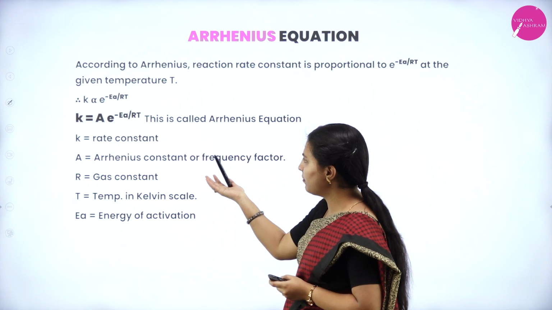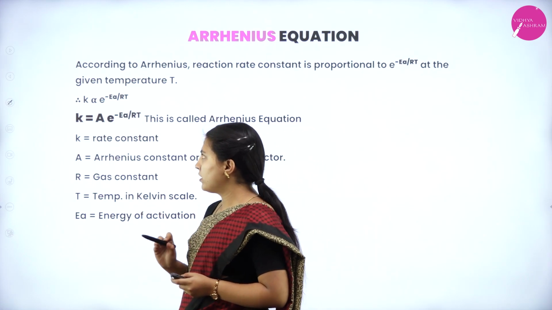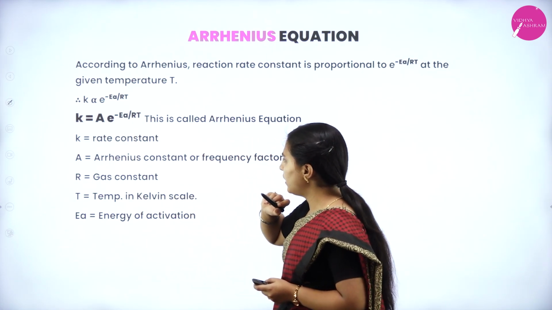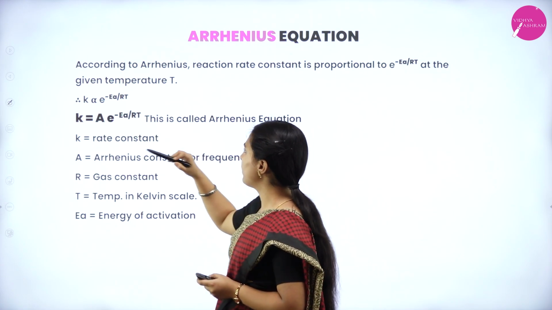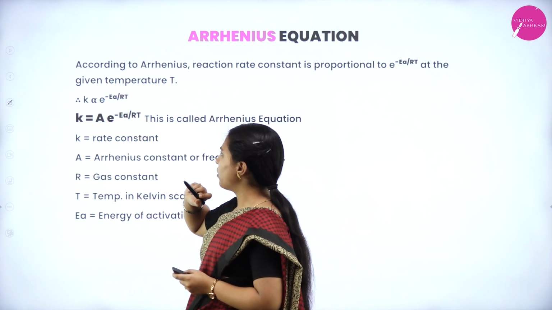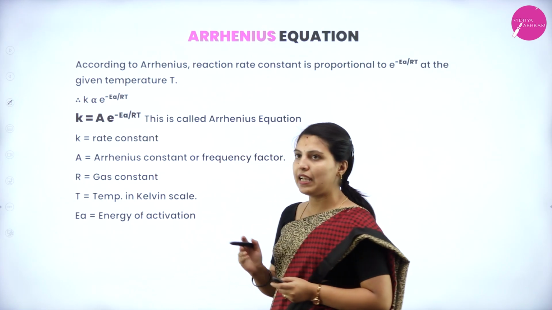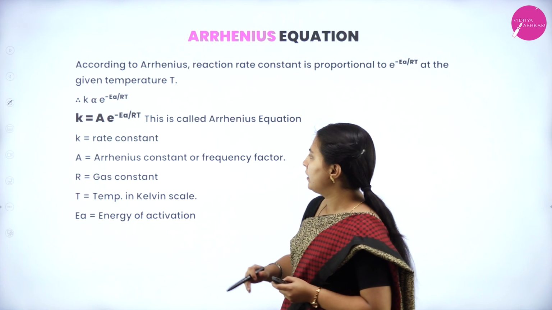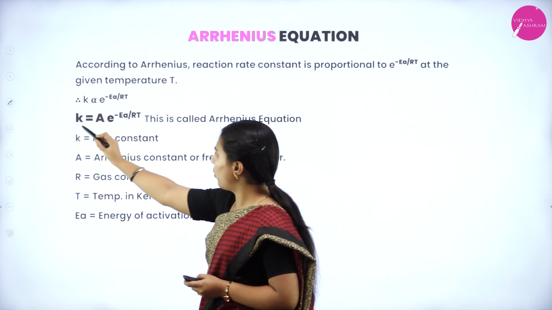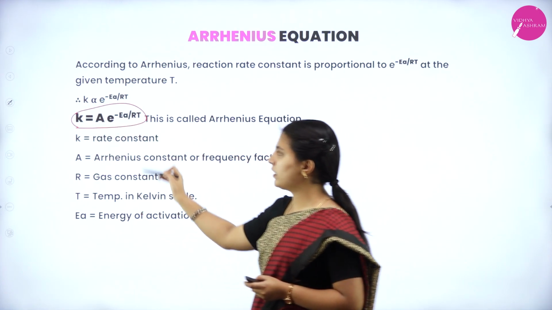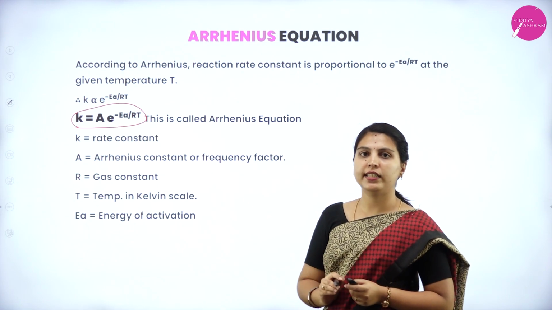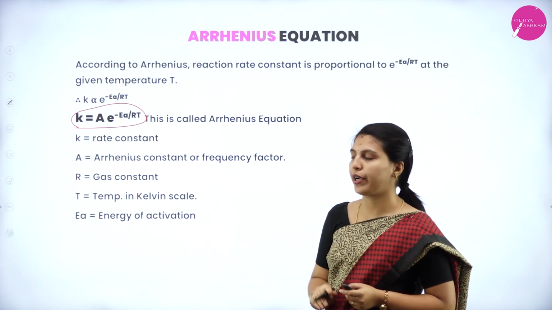Then what are the other terms? K is the rate constant, A is Arrhenius constant or frequency factor, R is gas constant, T is temperature in Kelvin, and Ea is energy of activation. This is the overall Arrhenius equation, and these terms are very important.